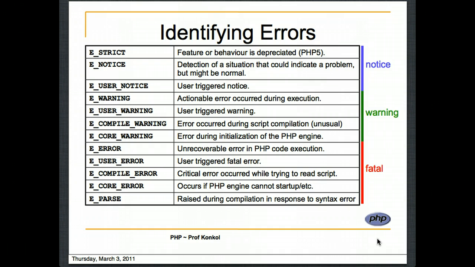E_USER_NOTICE, the user triggered this notice. E_WARNING, an actionable error occurred during execution. E_USER_WARNING, the user triggered warning. E_COMPILE_WARNING, an error occurred during script compilation. This is unusual. E_CORE_WARNING, the PHP engine has a problem. Something's wrong with your PHP engine. Usually it needs restarted or something.